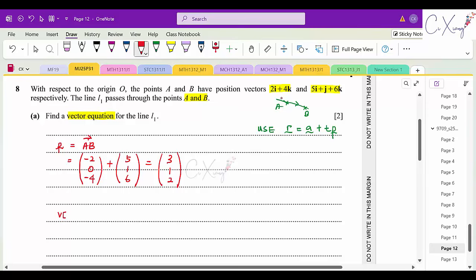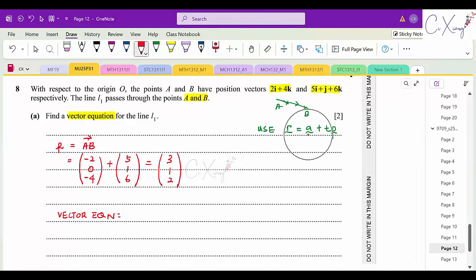Now we can write out straight away in the vector equation form. Like what I told you just now, it will be r equals a plus tp. You can use the passing point, either A or B, both also can. For me, I'm using A because there's a 0 inside. I prefer to have something simpler. So we are having 2, 0, 4. This is the passing point, plus t, then p. p is the direction we found just now, which is 3, 1, 2.